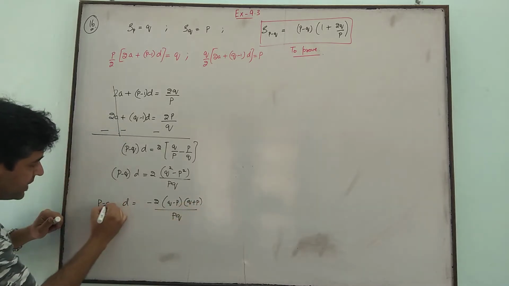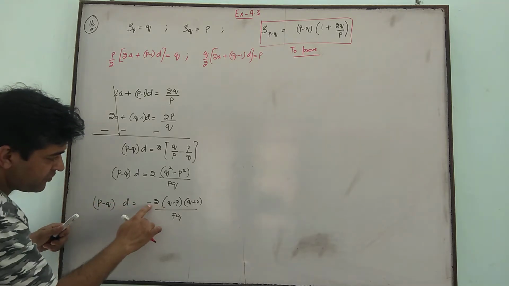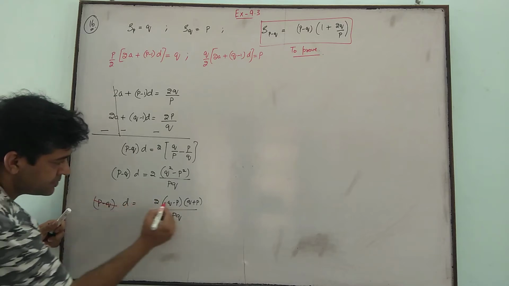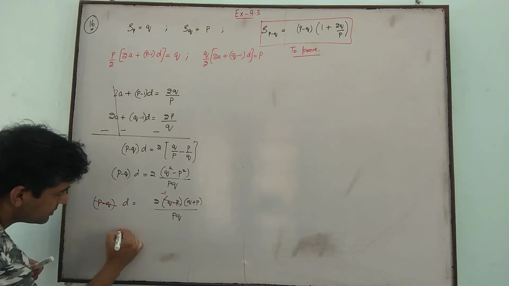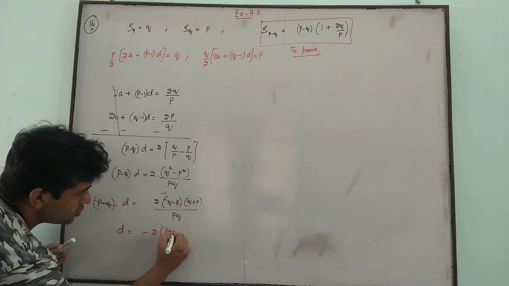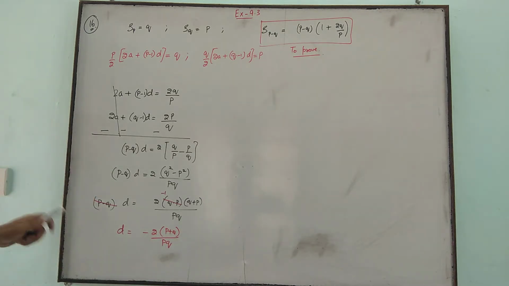If we take a negative common out of these two, this will be minus 1. So we get d is equal to minus 2 (p plus q) upon pq. This is what d is.